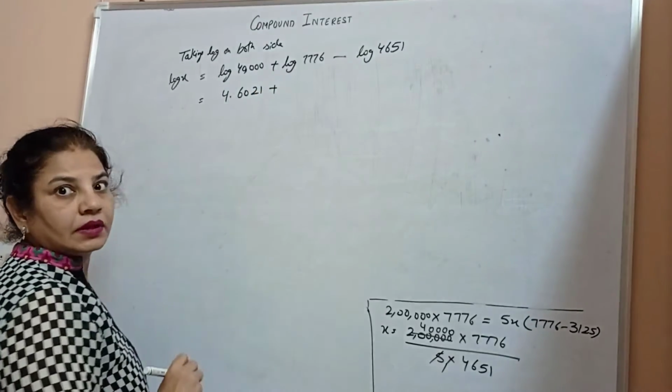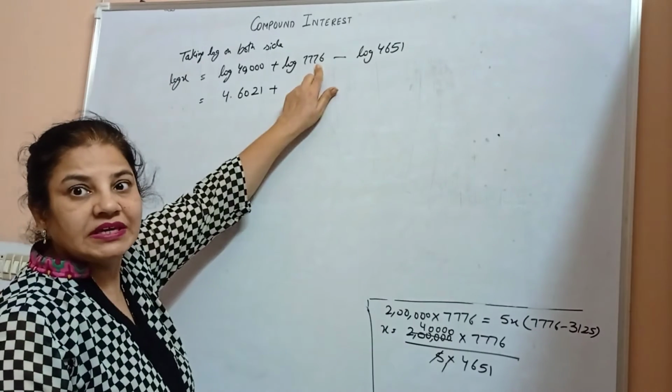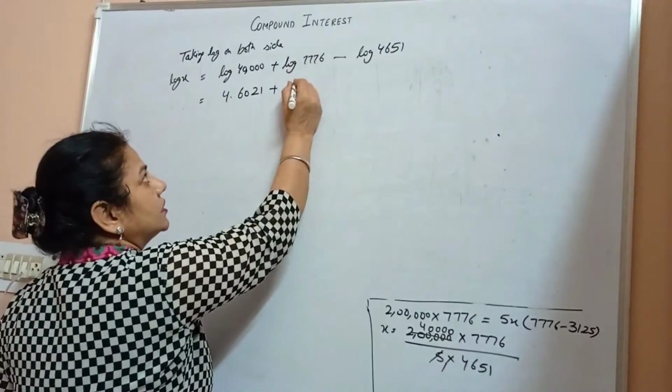From the log table, we find the value of log 40,000, which gives the result 4.6021. And here you observe there are 4 digits, so the characteristic is 3.